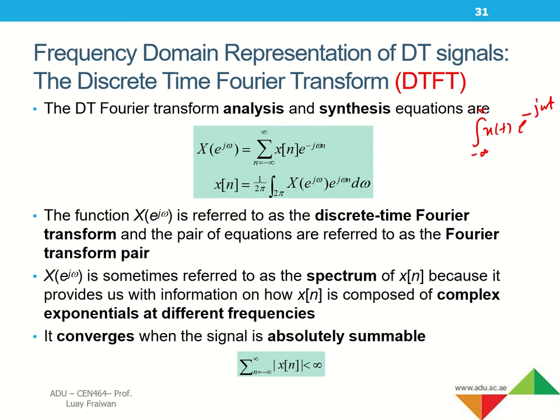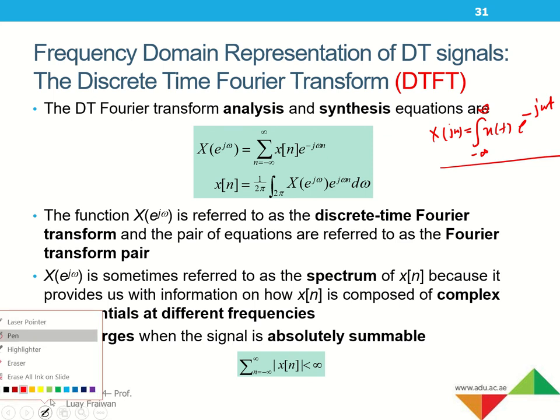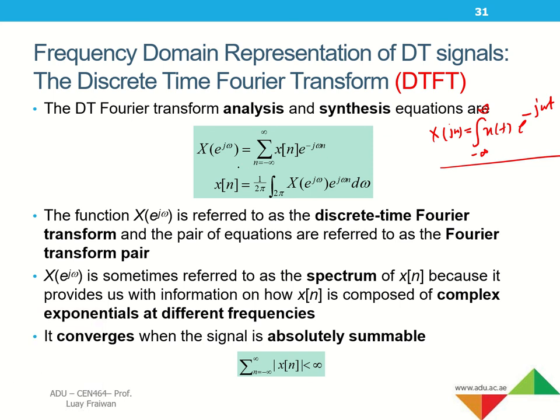If we integrate, we will get the Fourier transform of that system. So in discrete time, we replace the integral with the summation sign, and the input is multiplied with e to the power minus j omega n, the discrete time exponential signal. This is called the analysis formula.